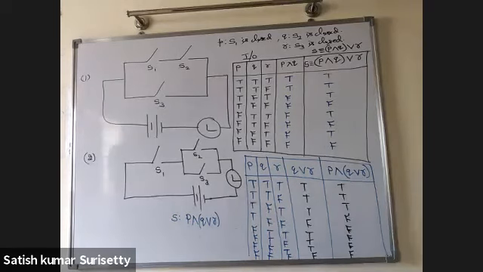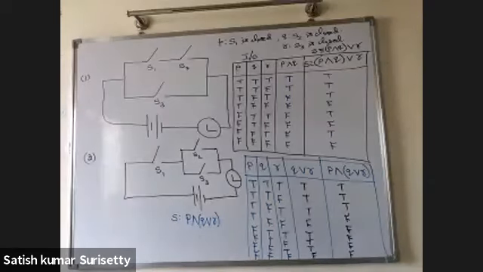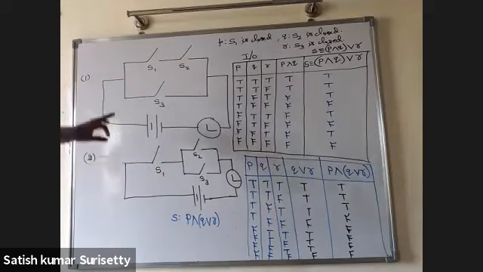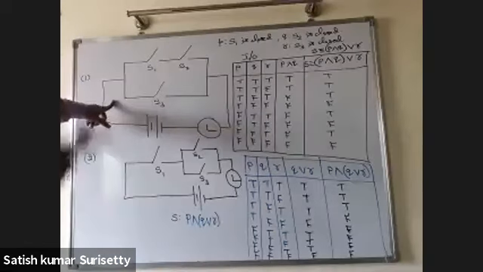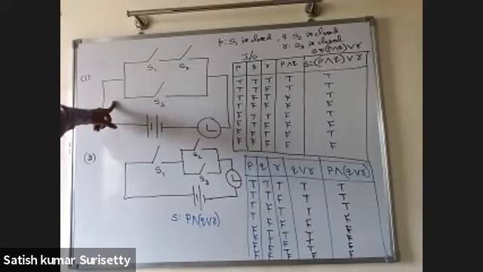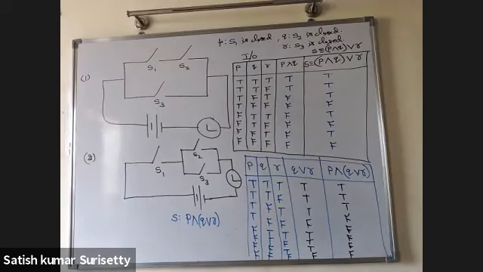So whenever any circuit is given, logically you should be able to express it in terms of the statements, and you have to write the corresponding truth values, and you have to give the conclusion. That is when the lamp will glow and when the lamp will not glow.